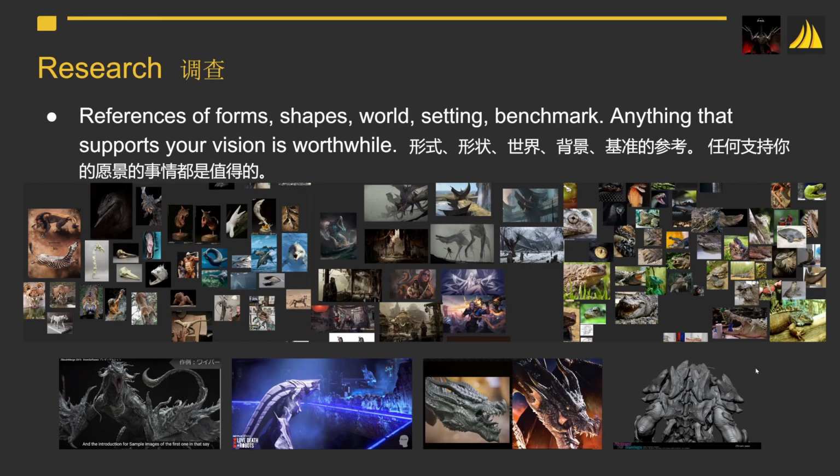Okay, let's talk a bit more in depth about a few of the subjects I've mentioned so far. For research, it's basically you just grab references of forms, shapes, worlds, settings, even benchmarks. Anything that supports your vision is helpful, right?